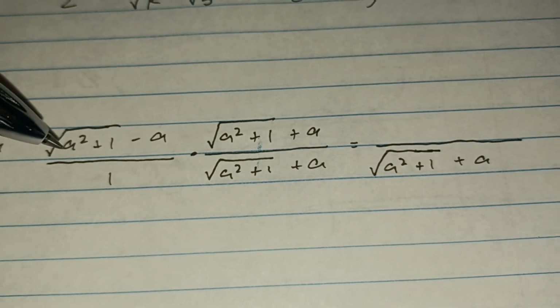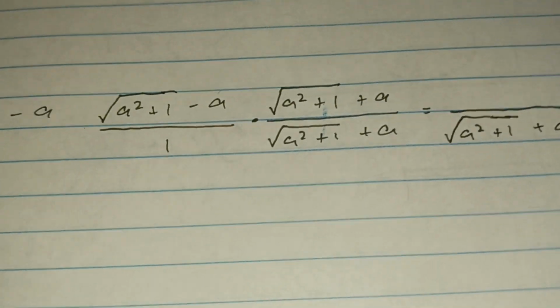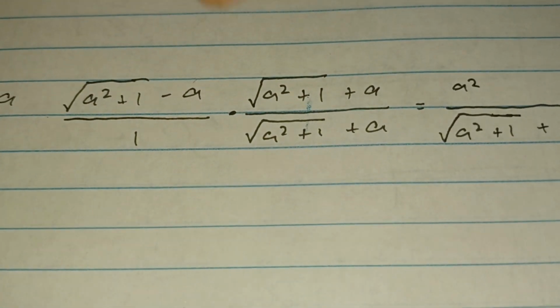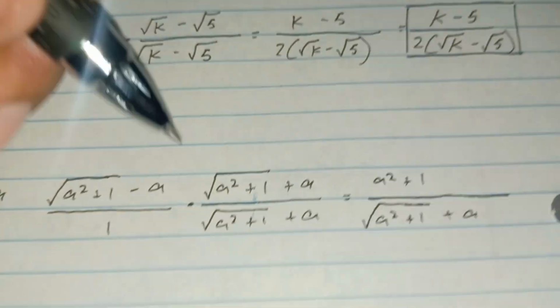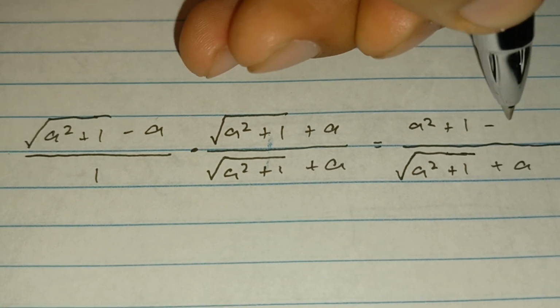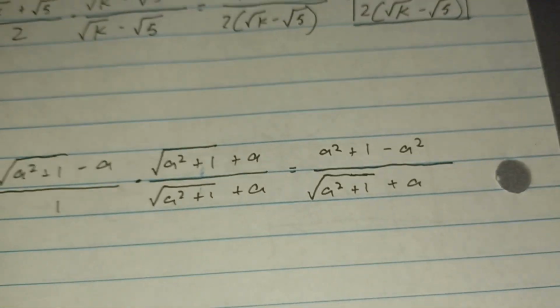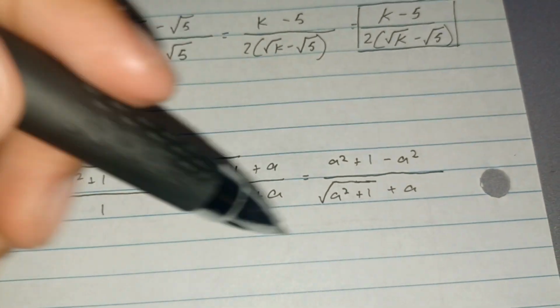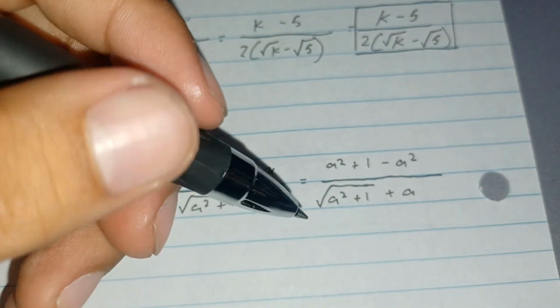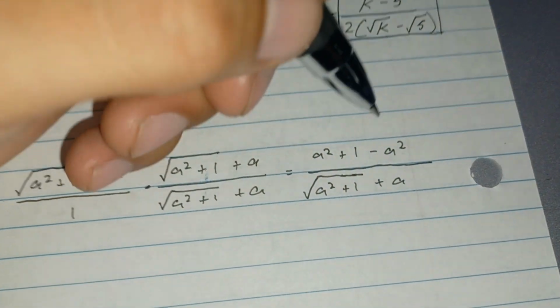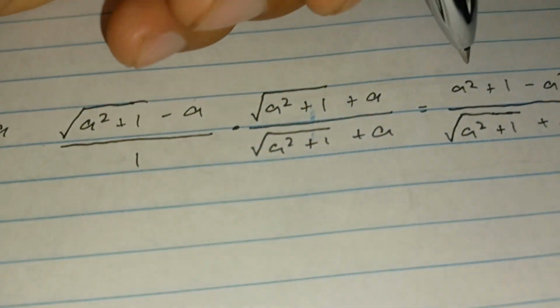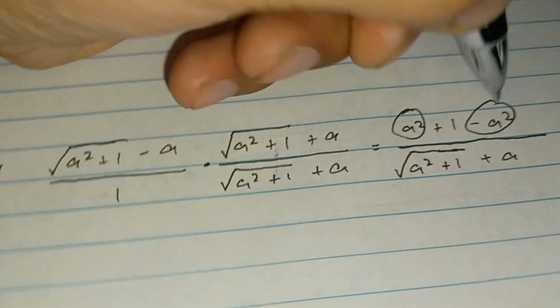And then this will cancel out, so a squared plus 1, and negative a times positive a is going to give us negative a squared. So that's how we multiply this. And then we combine like terms. We see that there's a positive a squared here and the negative a squared here. So guess what? They're going to cancel each other out. So we're only left with 1.